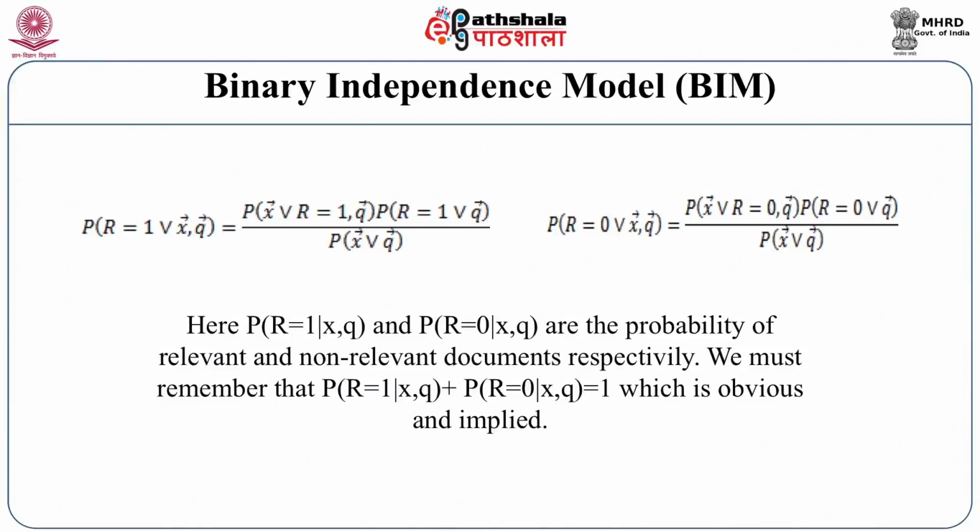Now here probability R equal to 1 given x, q and probability R equal to 0 given x, q are the probabilities of relevant and non-relevant documents respectively. So we must remember that if we sum these two terms, the result will be 1 only. So that is obvious and implied from the probability theory.